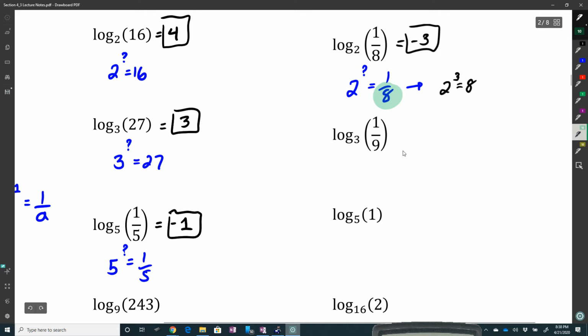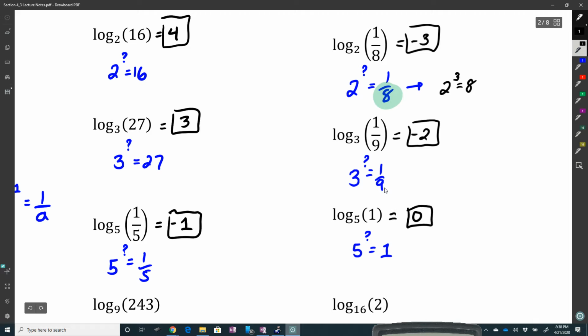When you have the number in the denominator, it's a negative exponent. 3 to the what is 1/9? Again, 3 squared is 9, but since the 9's in the denominator, it's a negative 2. 5 to the what is 1? Well, anything raised to the 0 is 1.